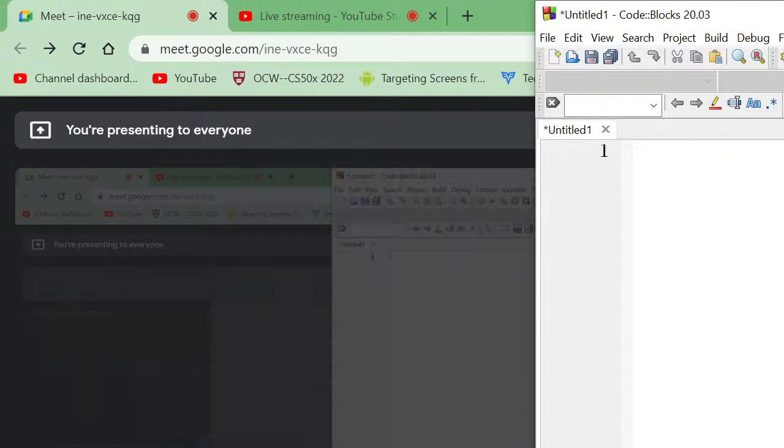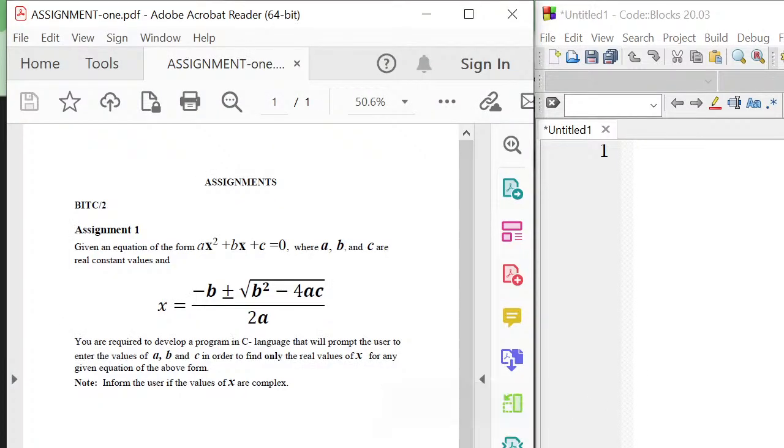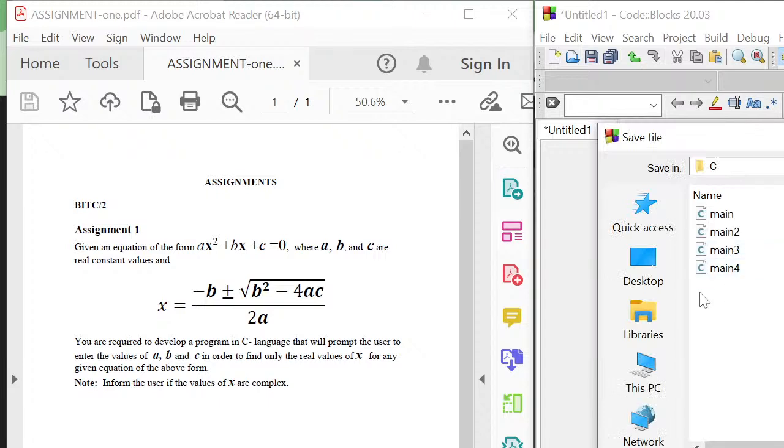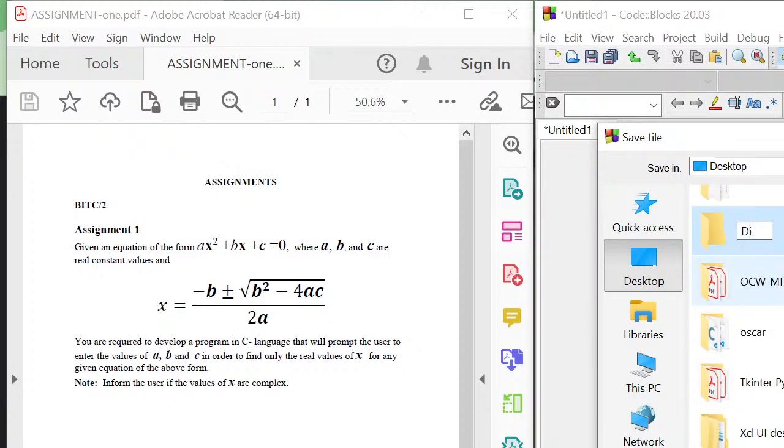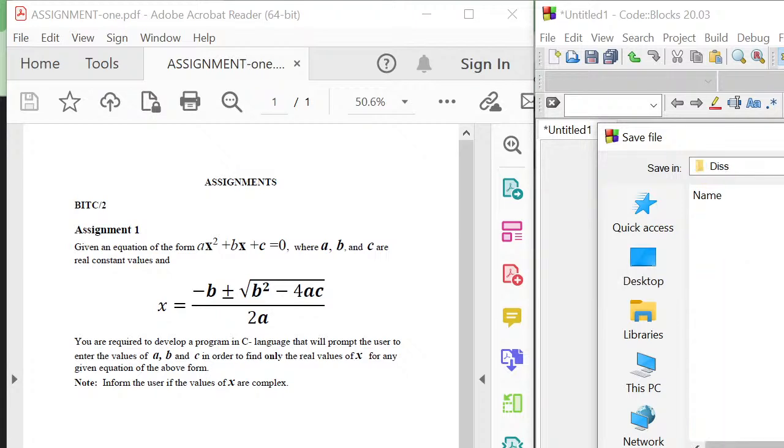Okay, let's go ahead and start writing the program. First saving this. And let me label this A1.c.